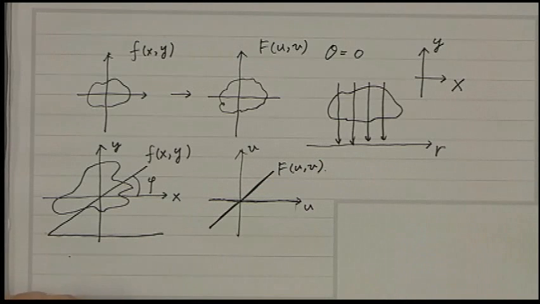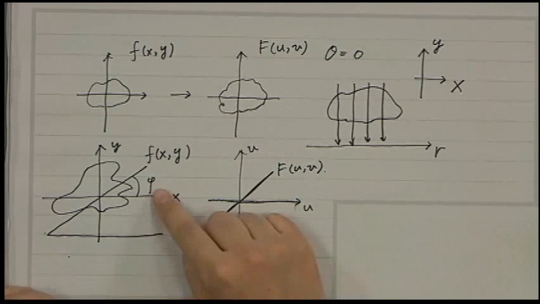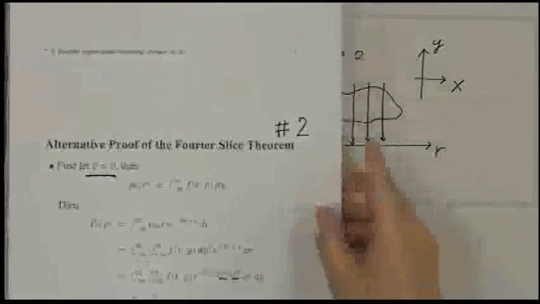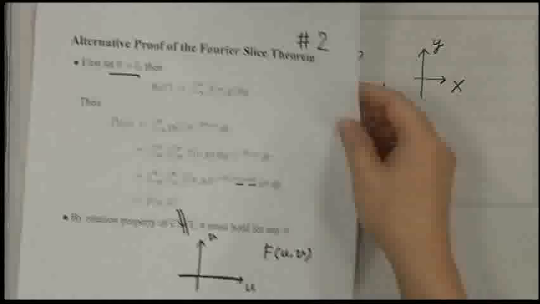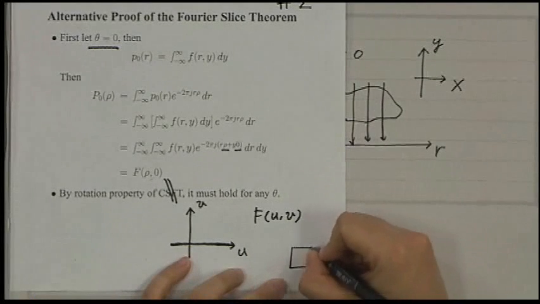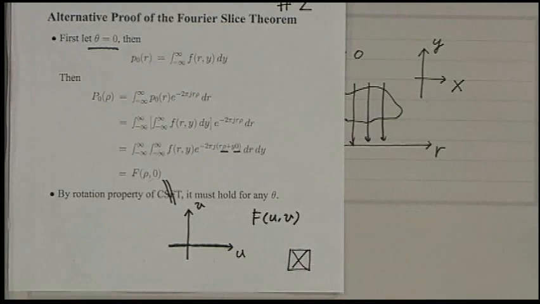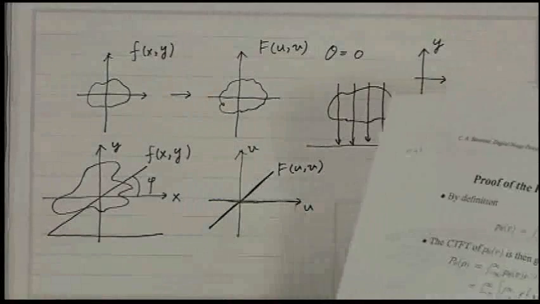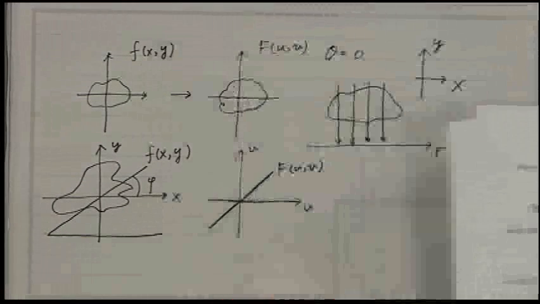And we can say the same thing for any angle phi. So the proof is over. In this proof, we just need to prove only one case. So that's the end of the proof. Okay, so we finish up the proof of the Fourier slice theorem.